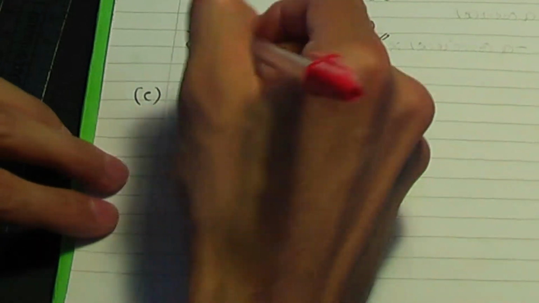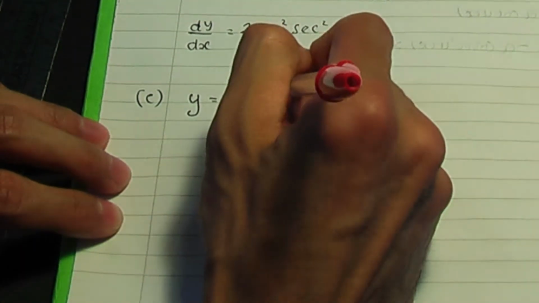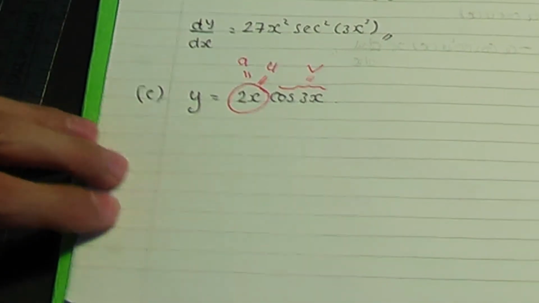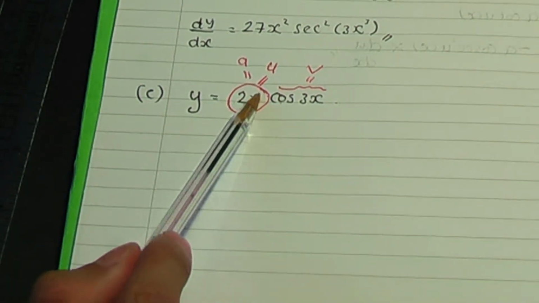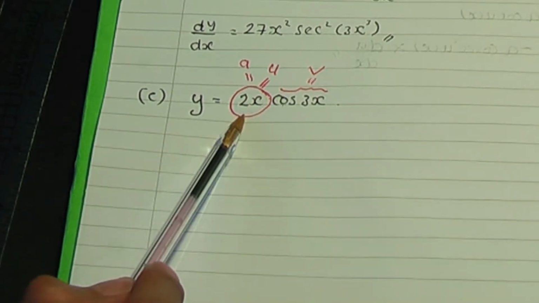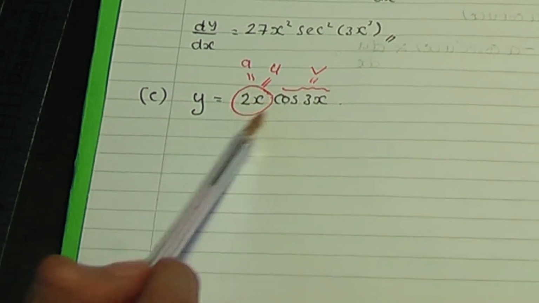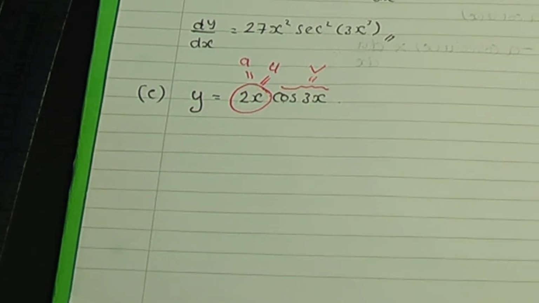So I'm going to take my u to be that term 2x. I'm going to take my v to be cos 3x. Going back quickly, the term in front of the function is a function of x, so it's 2x. 2x is not a constant, it's got to be product rule. If the term in front of your function is not a constant, it's either product, or you can use quotient rule if you have a quotient of functions.